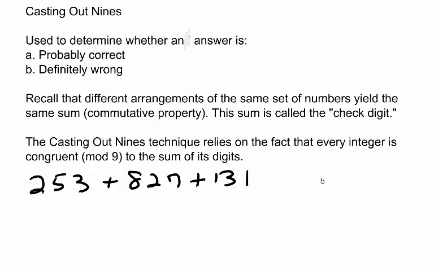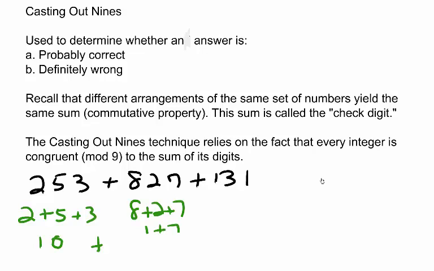For 253, we have 2 plus 5 plus 3, which gives us 10. For 827, we have 8 plus 2 plus 7. That gives us 17, which is 1 plus 7, which gives us a check digit 8.